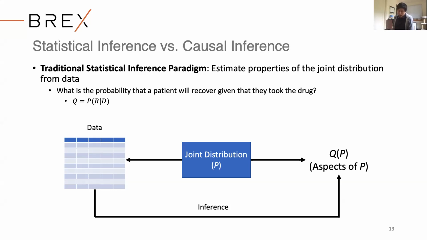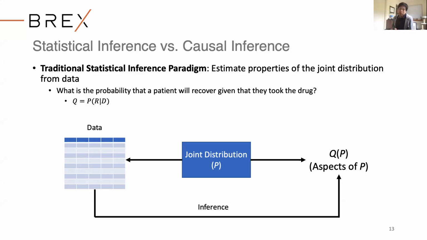For example, maybe I've collected data on the heights of many different people in America, and I might want to answer a question like, what's the population mean for height in America?